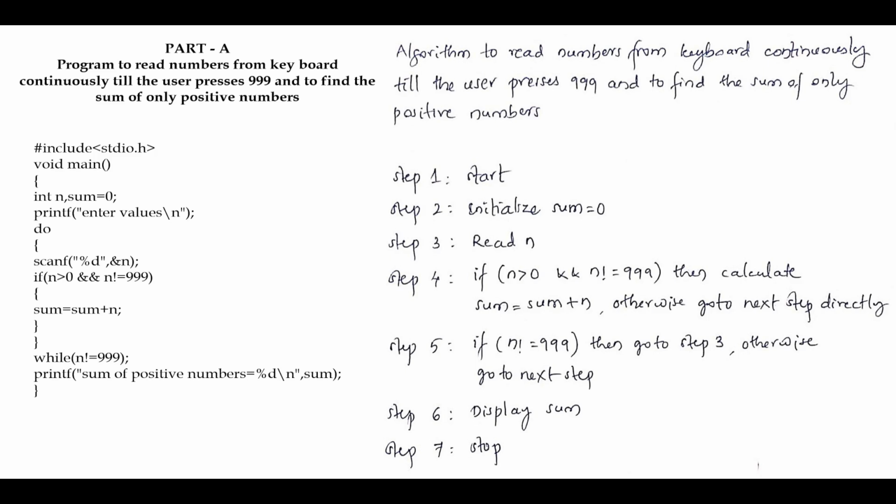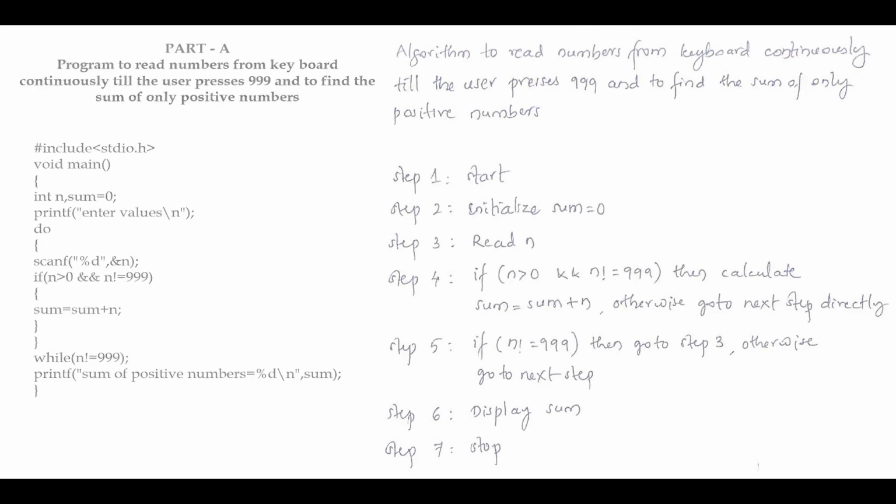Otherwise, go to the next step directly. If n not equal to triple line, then go to step 3, meaning we are repeating the process using the do while loop. Otherwise, go to the next step and then we are displaying the sum. The last step is stop. Got it?